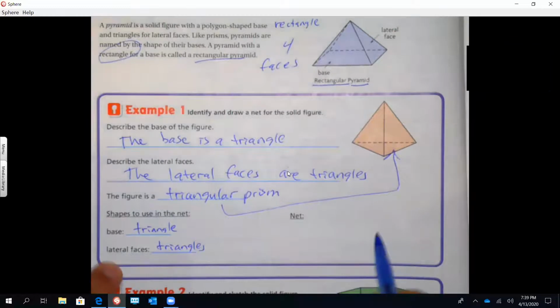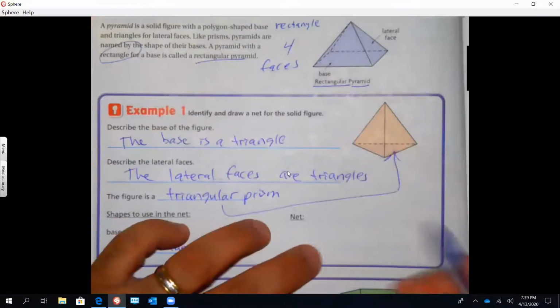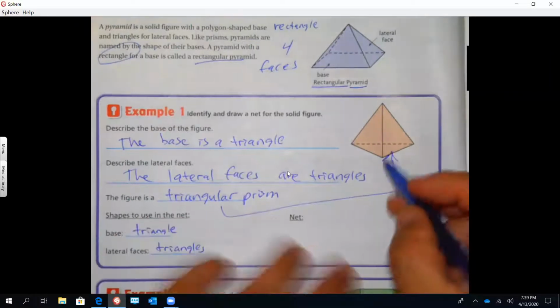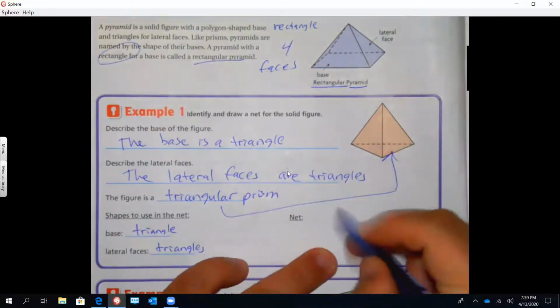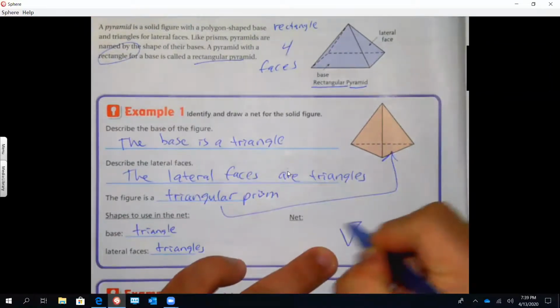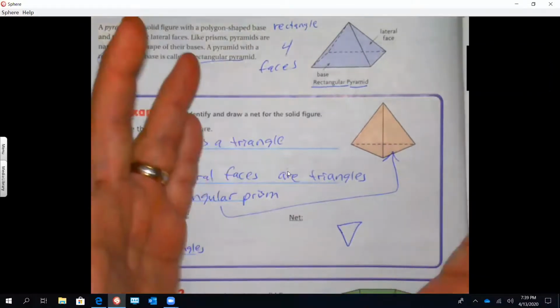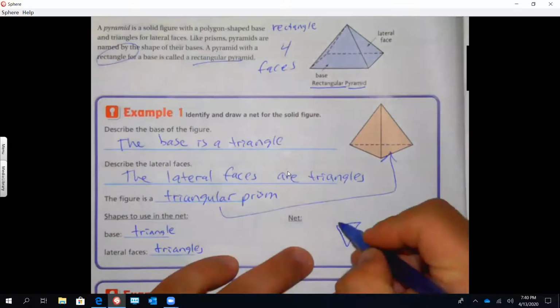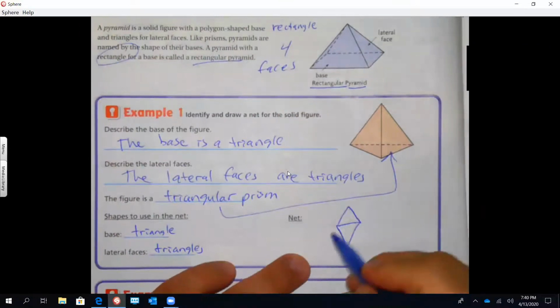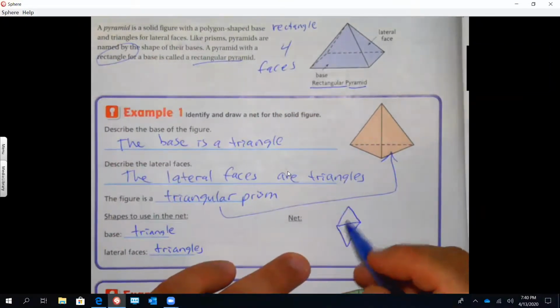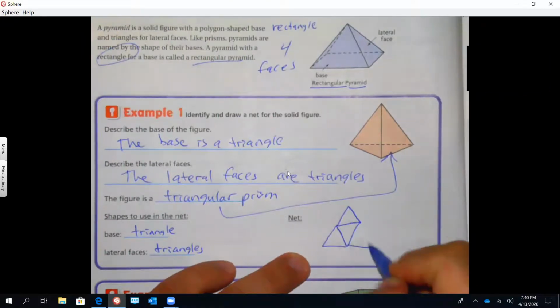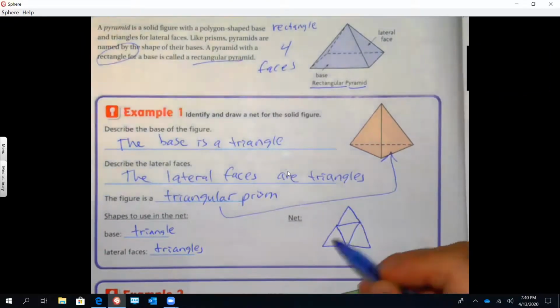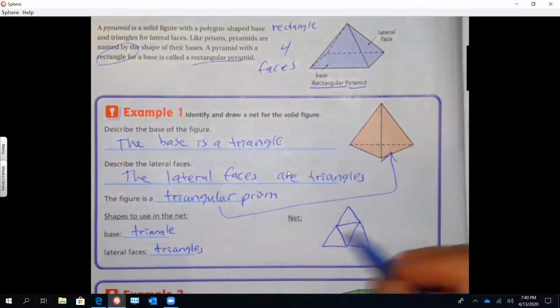So let's draw the net. If I was going to open it up, what would it look like? Well, let's start with our base. Our base is what? A triangle. And we're going to pretend to fold it up. So here is one side, another side, and another side. Why do you think there are 3 lateral faces?